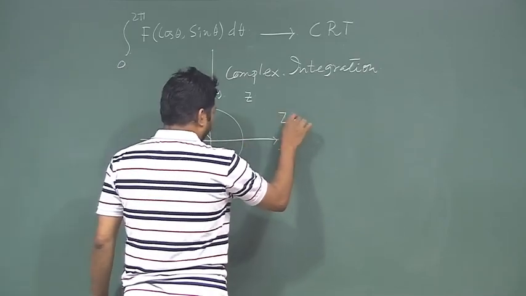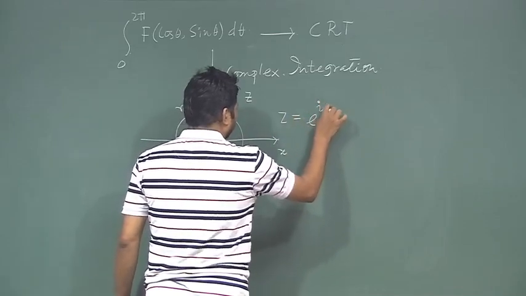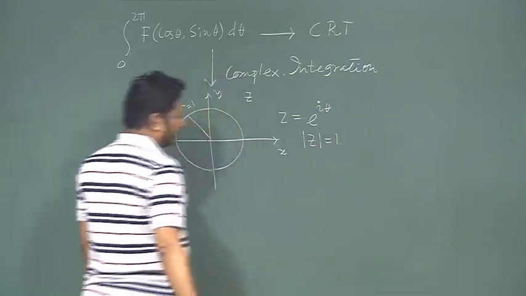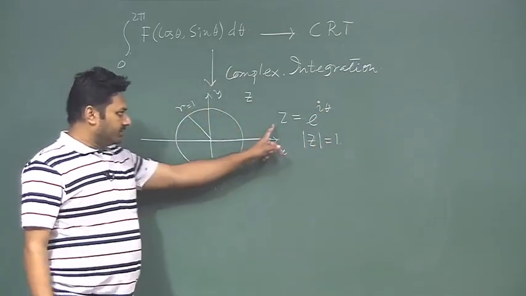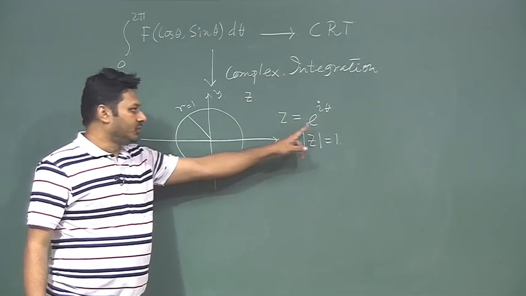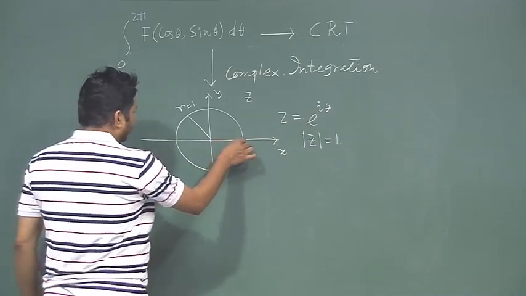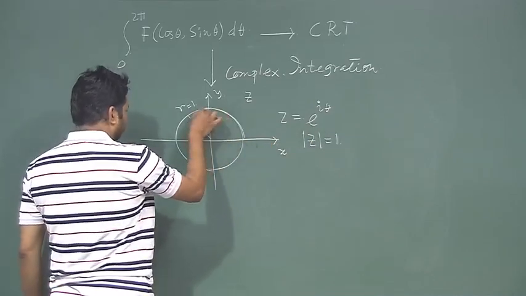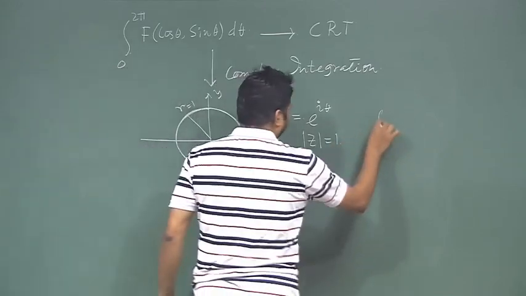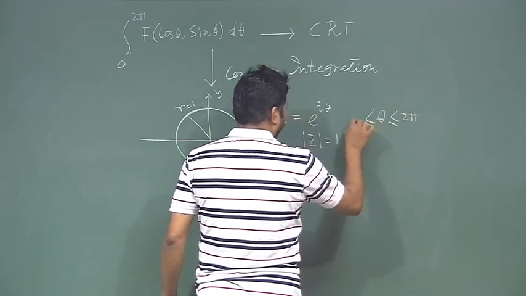The z value will be essentially e to the power i theta, so that mod of z is equal to 1. So, the variable z that I am going to introduce should be related to theta as e to the power i theta, and since I am moving here to here, theta will vary over this limit.